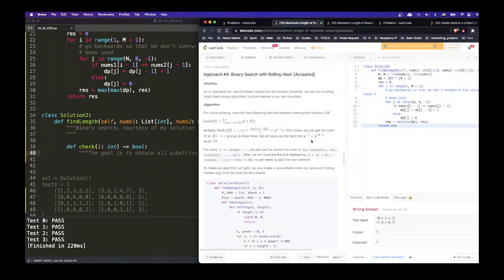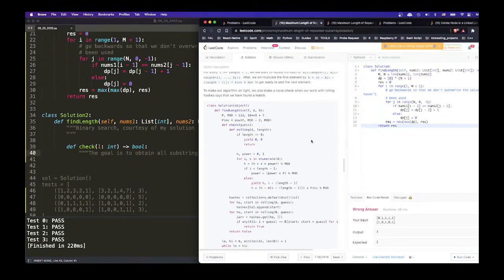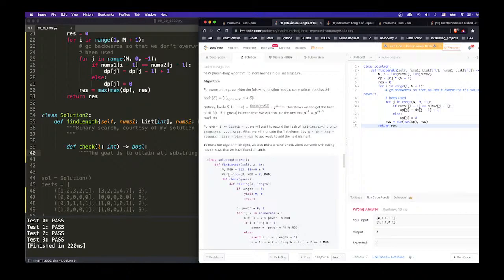Because we're going to start from the first, and every time we get a sliding window. What's this p inv? P inverse. I'll just divide it by p. Multiply by p and minus p to the n minus 1 times x. What's your p? 113.